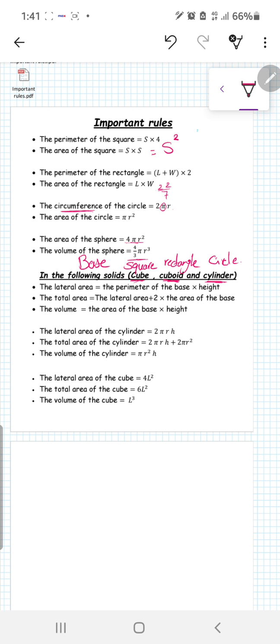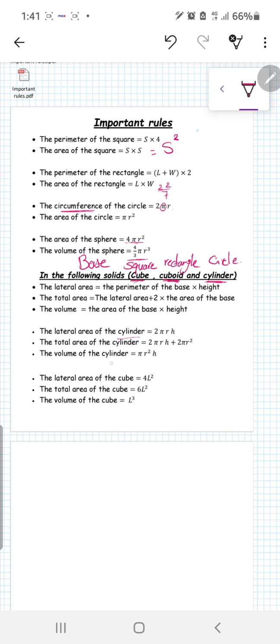For example, the total area of the cylinder. The lateral area of the cylinder is the perimeter times the height, the perimeter or the circumference. So circumference equals 2 pi r times the height h. The total area is the lateral area plus 2 times the area of base: 2 pi r h plus 2 times the area of the base, which is the circle, pi r squared.